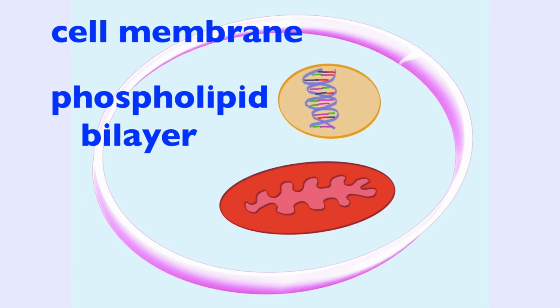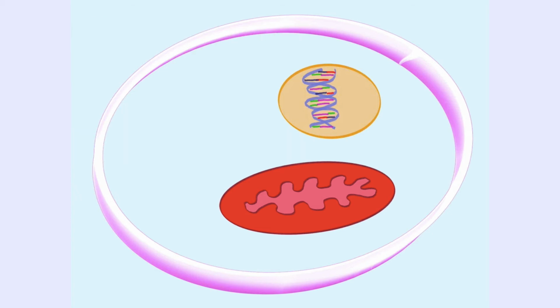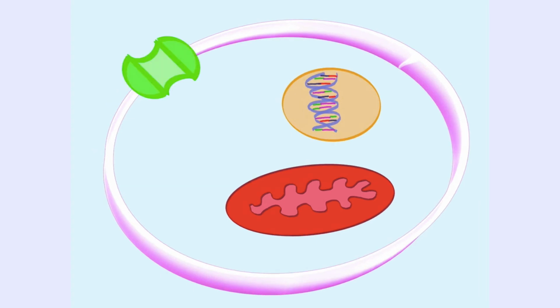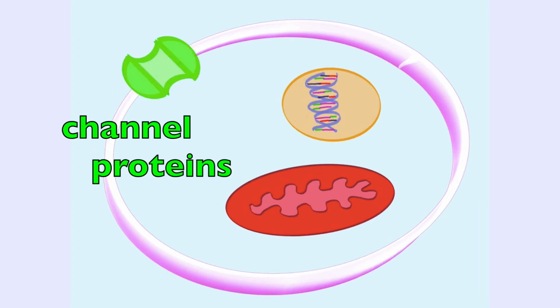The only way things which are non-permeable across this membrane can get in is if we have what are known as protein channels. Channels allow ions and molecules into or out of the cell, specifically those that are not easily permeable across the plasma membrane.